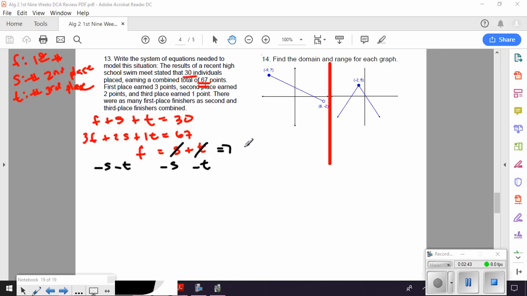So you would have had F minus S minus T equals 0 if it said solve. But since it doesn't say solve, we're going to stop at the equations that we wrote in red. Just keep that in mind. You never know what could come up on the test.